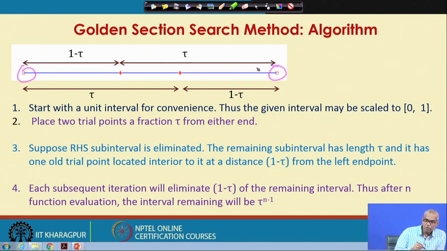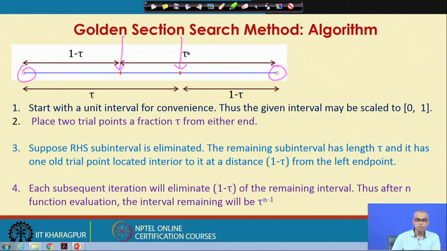To eliminate a part of the region, we must generate 2 points within the interval. Now, these 2 points are equidistant from either end. The golden ratio is used to obtain these two trial points within the interval.